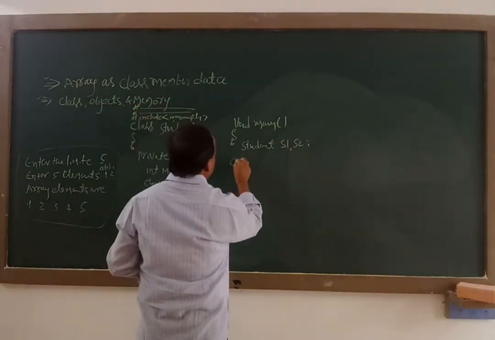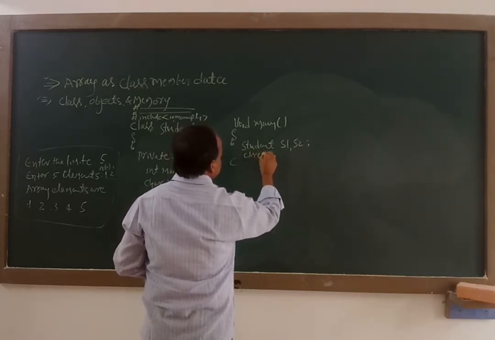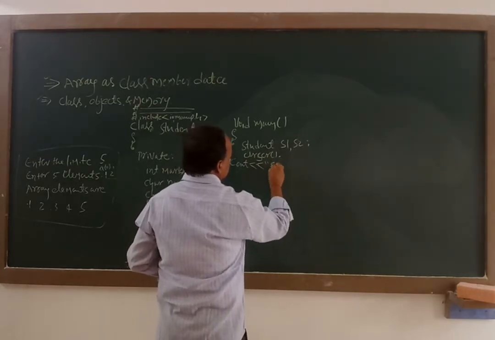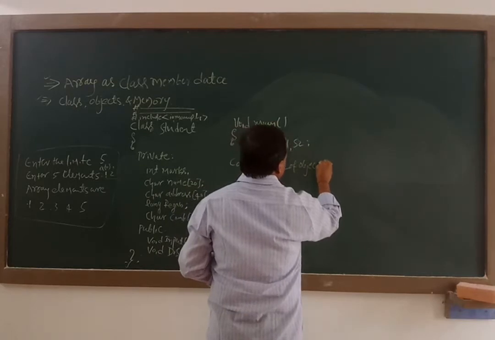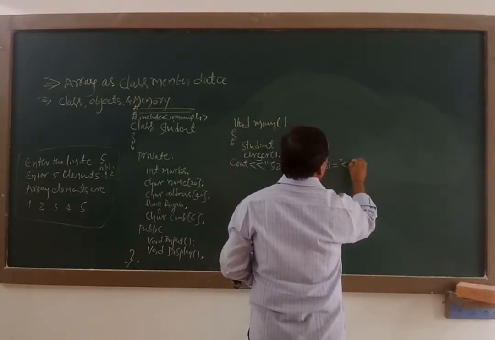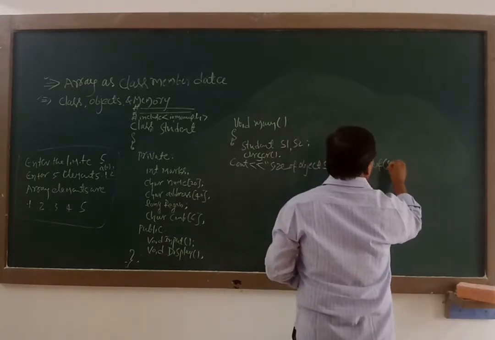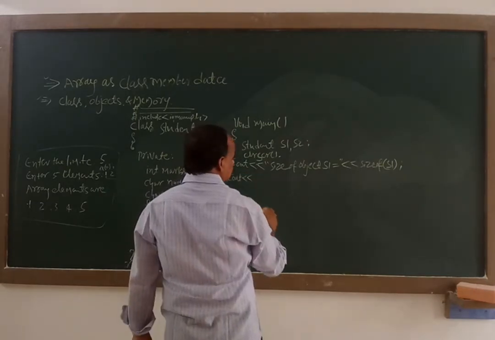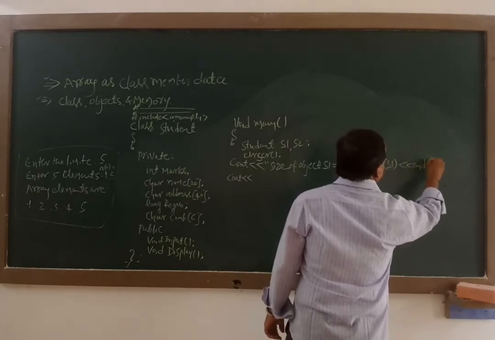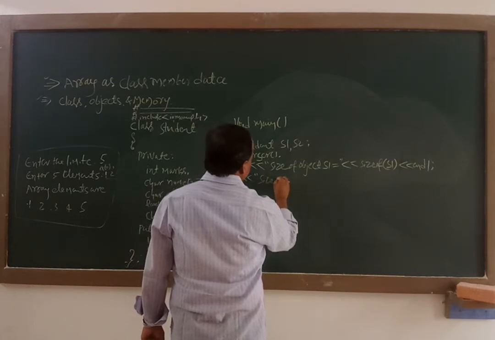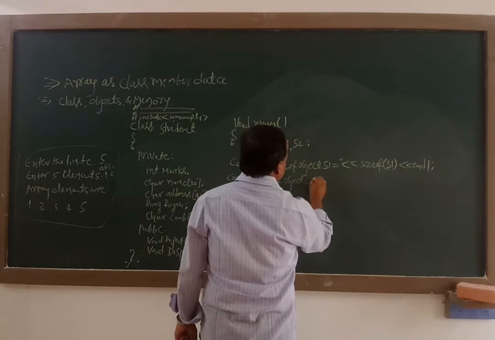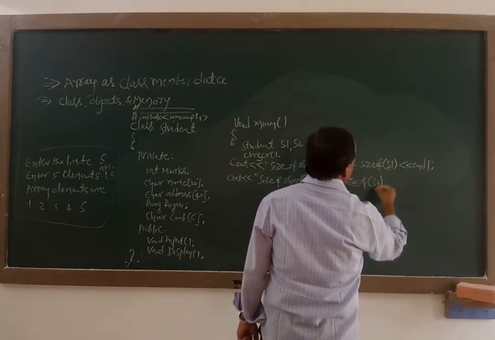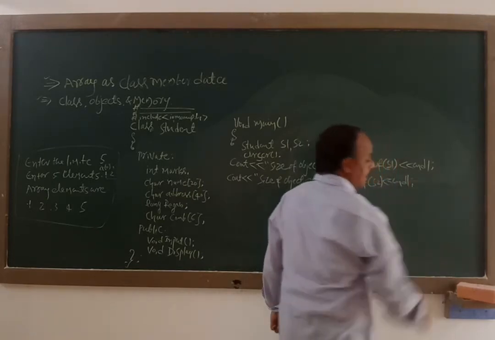Next, clear screen, clrscr, the clear screen function. cout sizeof object s1 is equal to sizeof s1, right? cout, or else write endl. sizeof object s2 is equal to sizeof second object s2, endl, right?